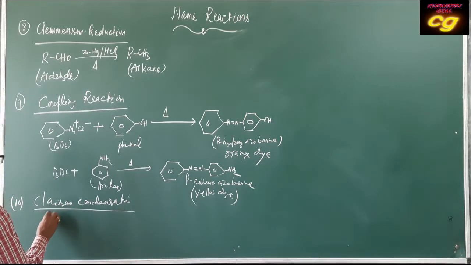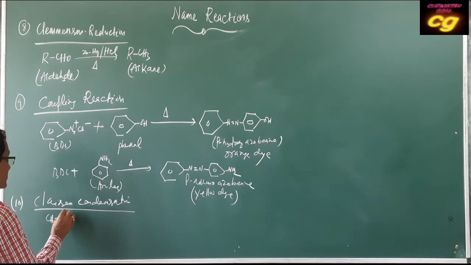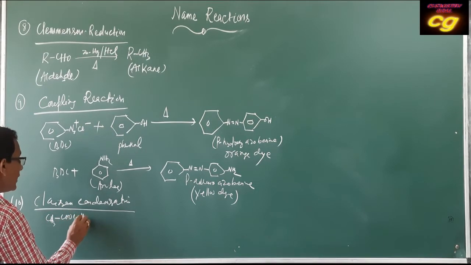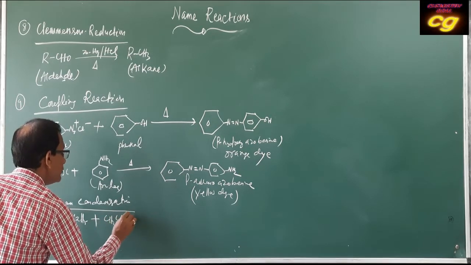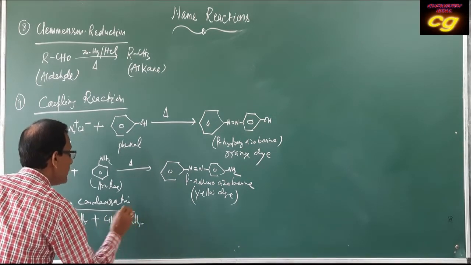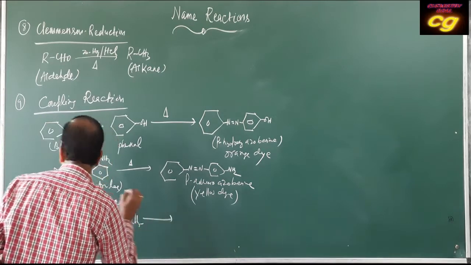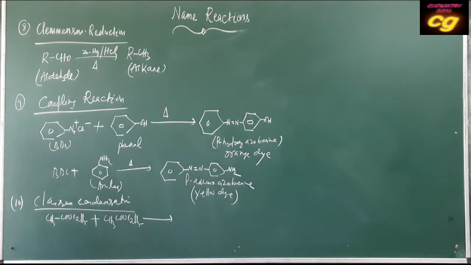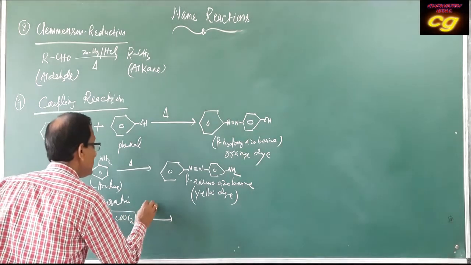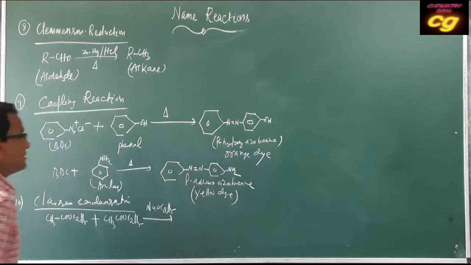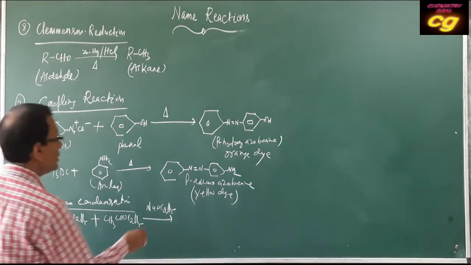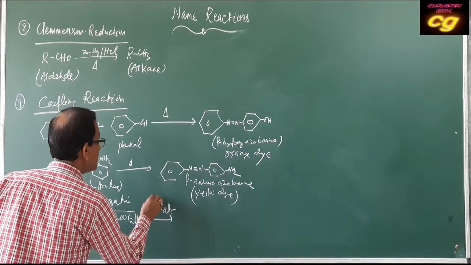If you take CH3COOC2H5 plus another CH3COOC2H5 in the presence of sodium ethoxide, C2H5O minus acts as a base, not a nucleophile.